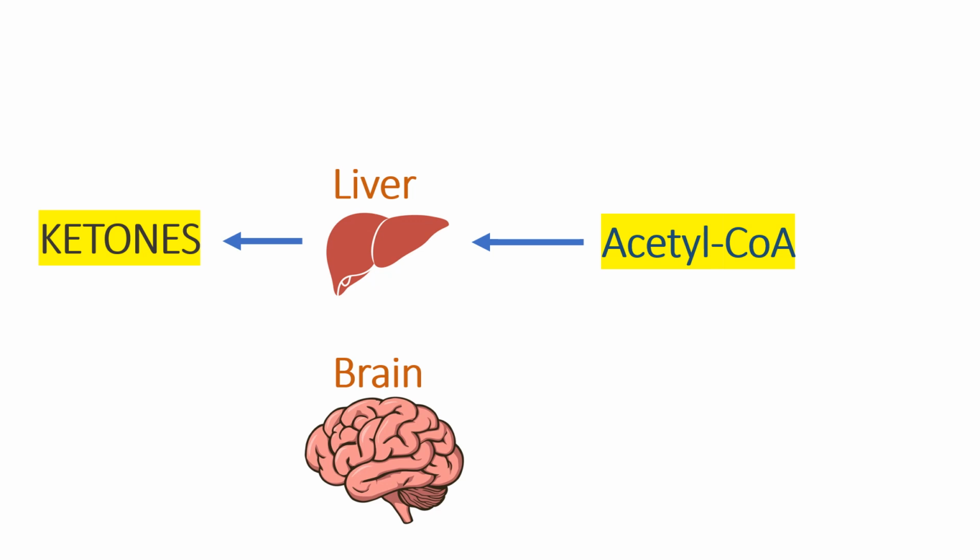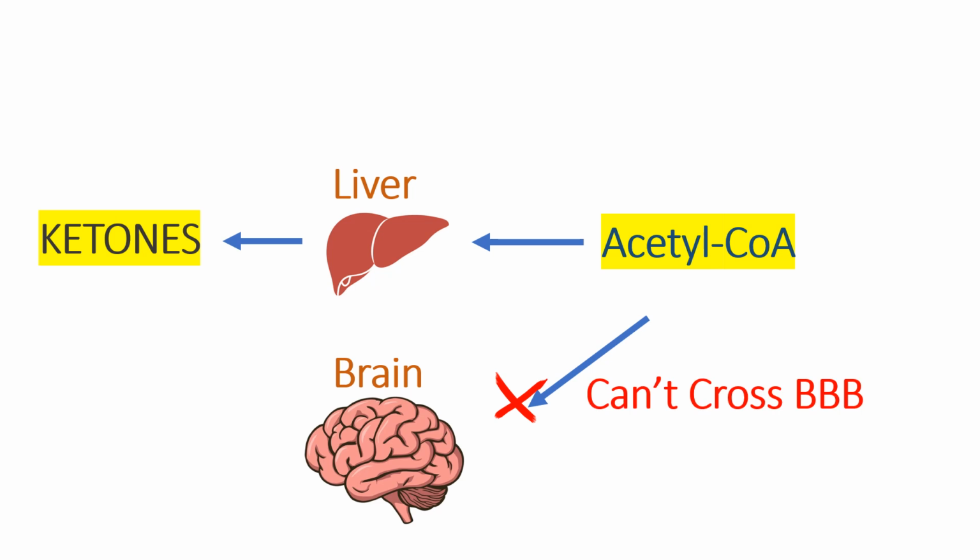Now the bad thing about acetyl-CoA is that it cannot enter the brain because of something which we talked about earlier, that is the blood-brain barrier. The acetyl-CoA structure, etc., is a little different and it cannot cross the blood-brain barrier. But the ketone bodies can enter the blood-brain barrier.